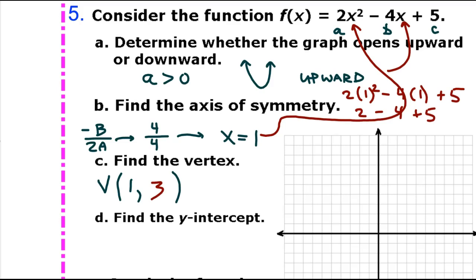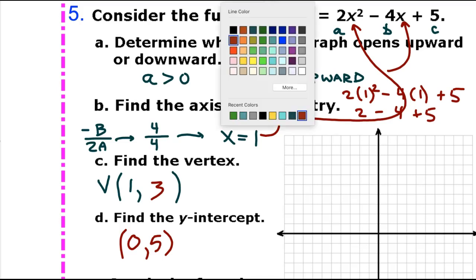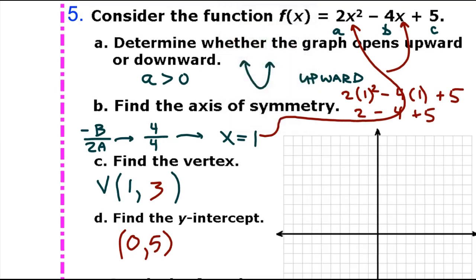The y-intercept is going to be 0, 5. And so now we can take all that stuff and put it on a graph and put it all together. The axis of symmetry is at x equals 1, so that's going to go right through here. My vertex is on that line.